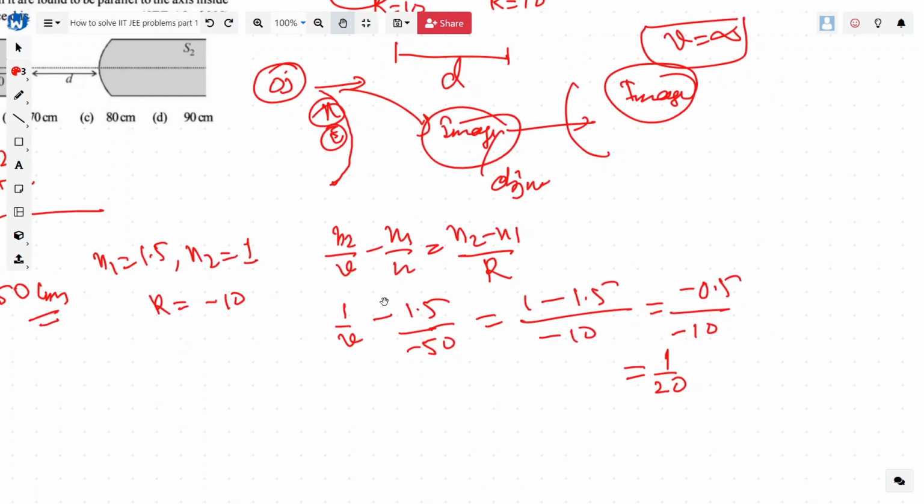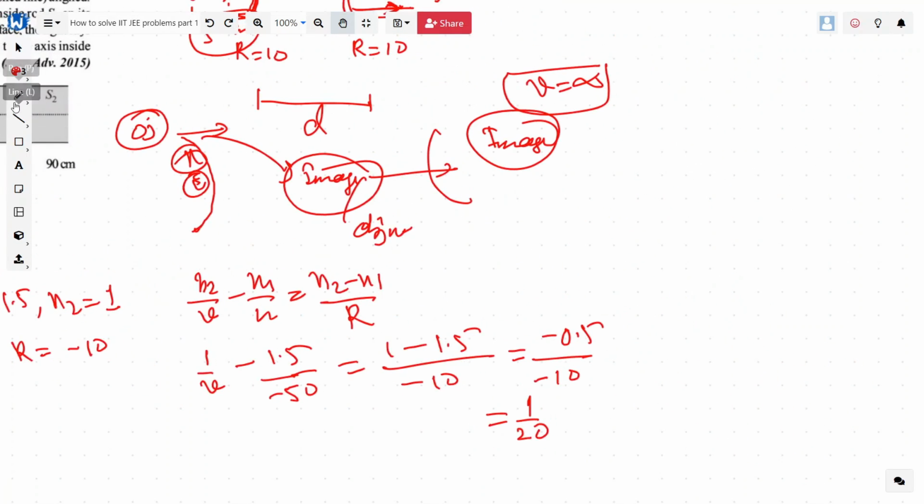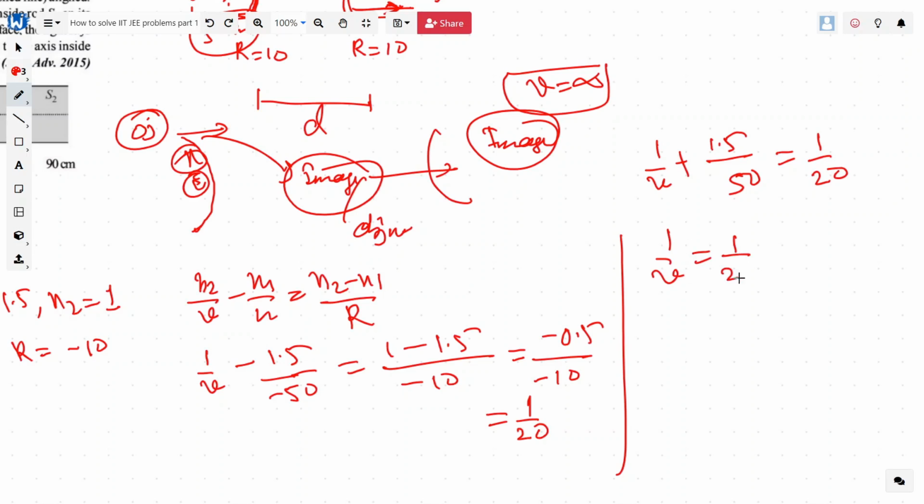And now 1 by v. So now we have 1 by v minus 1.5, and this minus minus will be plus now. Okay, so plus 50 is going to be 1 by 20. Okay, so take it on that side. 1 by v is equal to 1 by 20 minus 1.5 by 50.